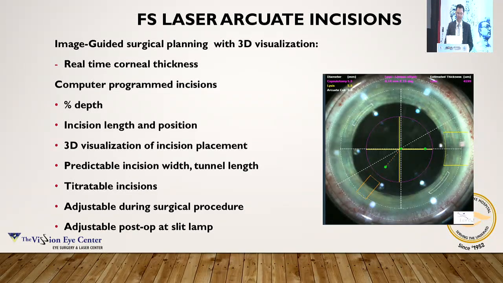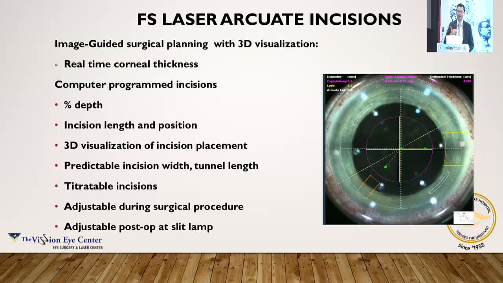So image guided surgical planning with 3D visualization is, of course, an advantage. Real-time corneal thickness we get in this. We know the exact percentage depth that we have to go to, the length and position of the incision, 3D visualization of incision placement, predictable incisions, the width, tunnel length, titrable incisions, adjustable during the surgical procedure, and as Dr. Tityal had mentioned in his talk, adjustable post-operatively at the slit lamp also.